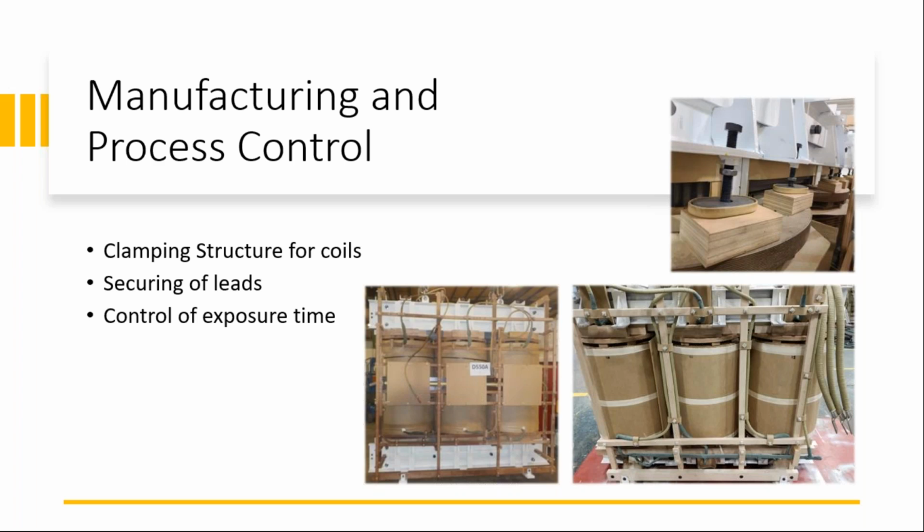Also important is securing the leads in place. We use wooden cleats, fiberglass nuts, and studs to secure these leads. It is equally important to secure them, because under short circuit forces these coils will move, and the corresponding leads will also move.